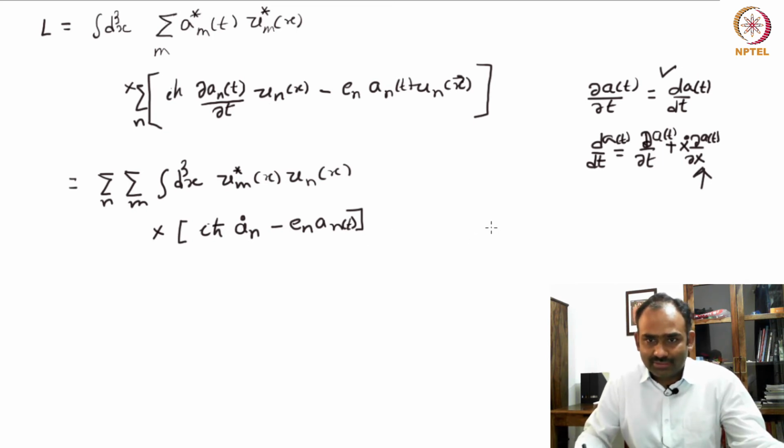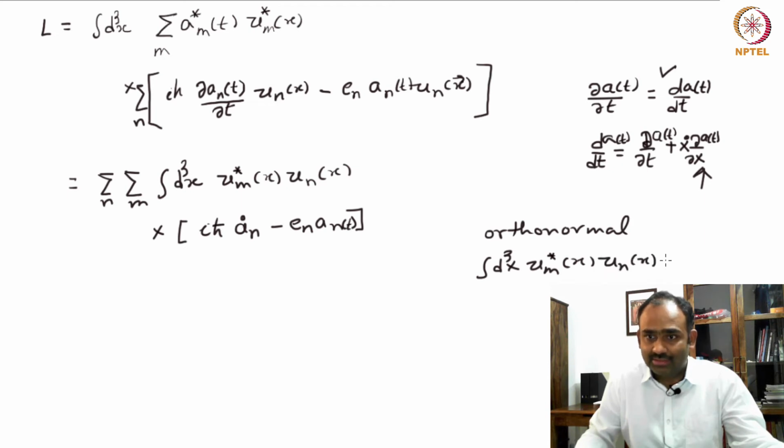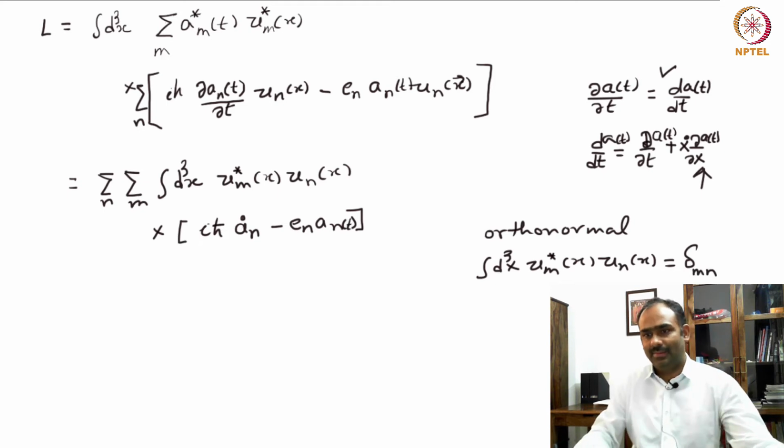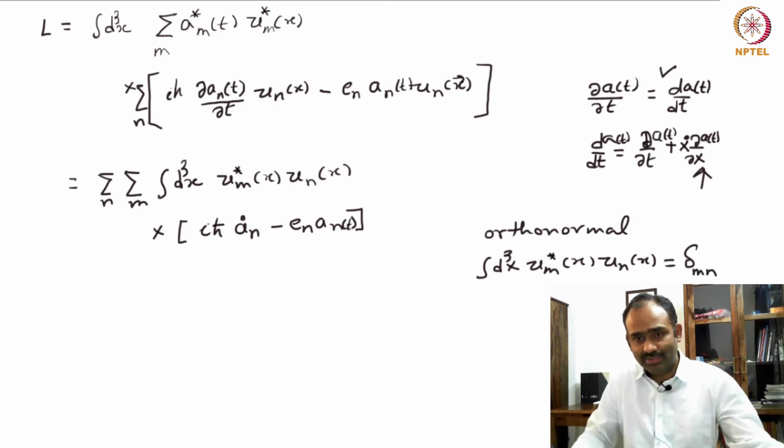So if they are orthonormal, then if you write the integral d cube x u_m star of x u_n of x, this is just delta_mn. When m and n are equal, meaning you have the same function in here, then you get 1.